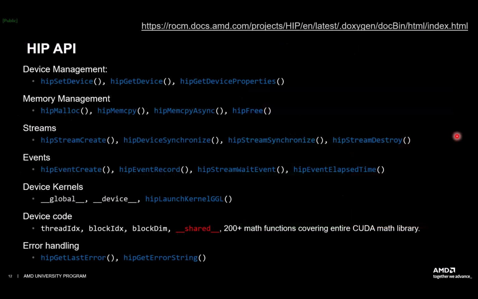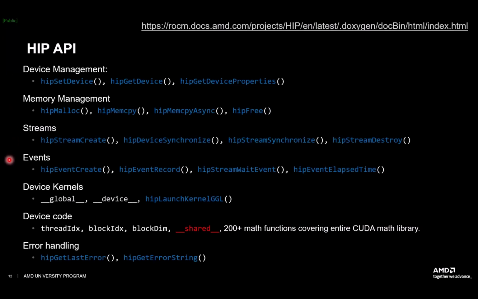These are some of the HIP API calls that we have here. These are things for instance, device management, memory management, streams, which are sequences of GPU operations that are carried out in order in a particular stream.